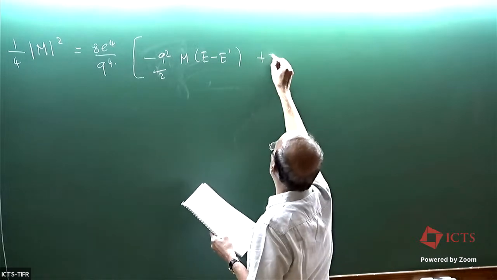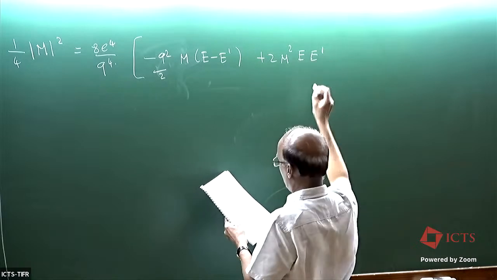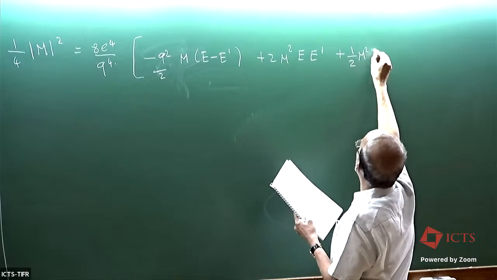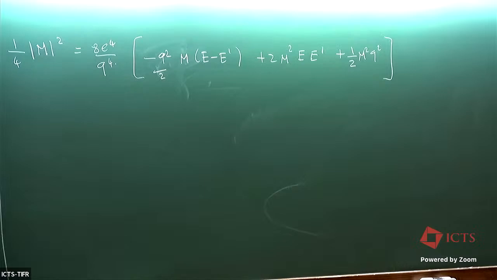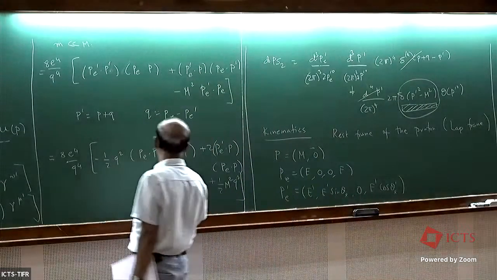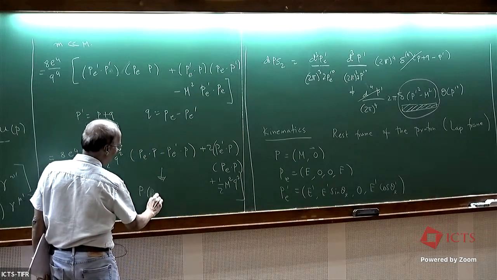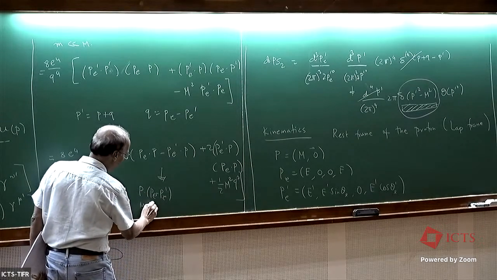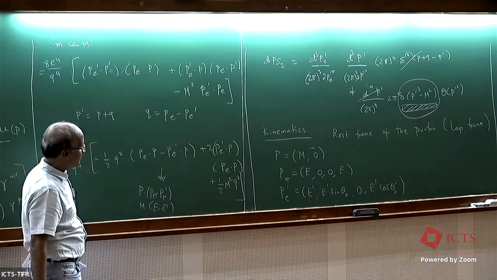And then you have a 2m square into E prime, I'll tell you exactly what I'm doing, of m square q square. Let's look at this term by term. This part is actually P times (P minus P prime). In the rest frame, this is m times (E minus E prime). It's as simple as this.